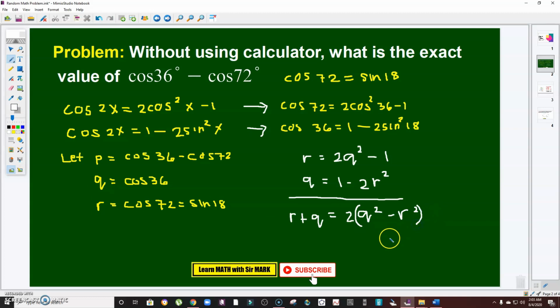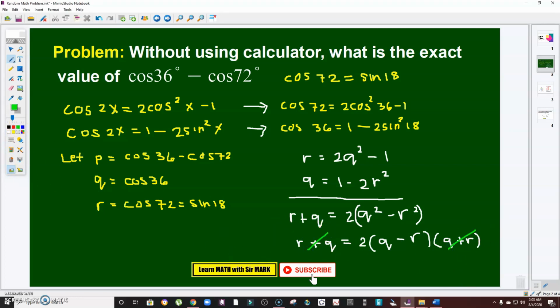Now notice this is a difference of two squares. So r plus q is equal to 2 times q minus r, times q plus r. Obviously, we can cancel r plus q.